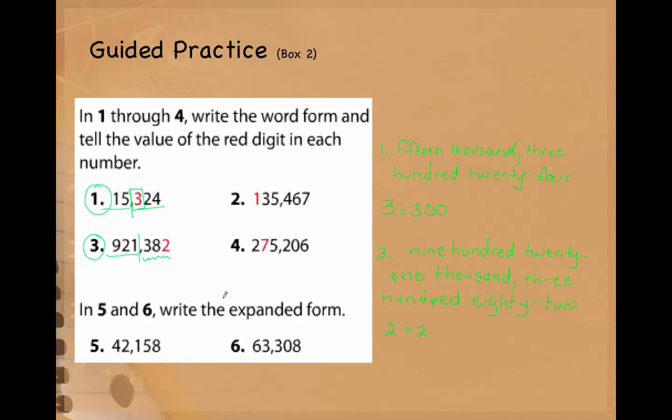Now we're going to do the expanded form of number 5, which means I'm going to stretch it out using the digits. Okay, so I have to cross off the 4, and everything behind it is a 0. So 1, 2, 3, 4. Plus, now I'm going to cross off the 2. 1, 2, 3.